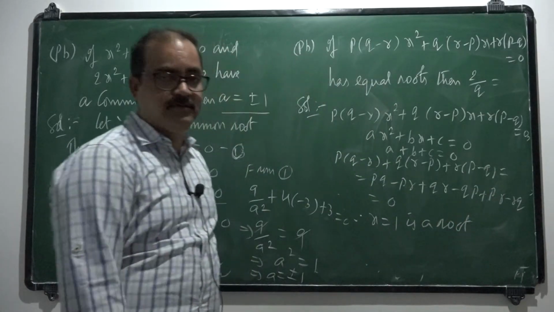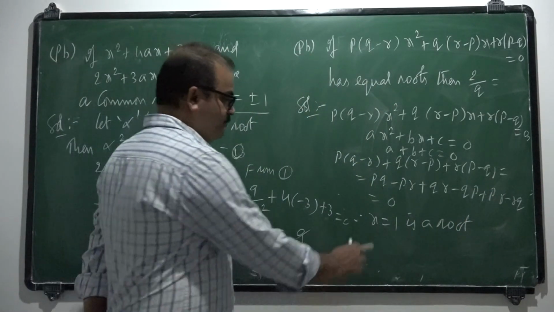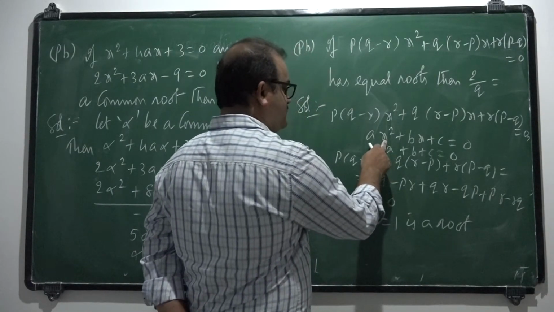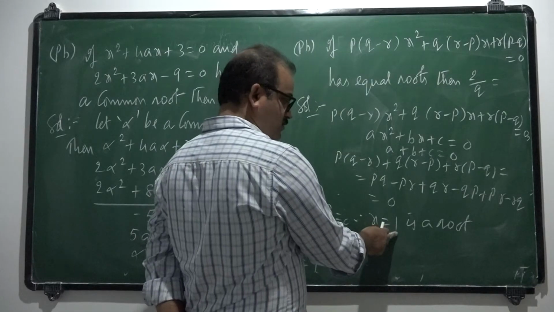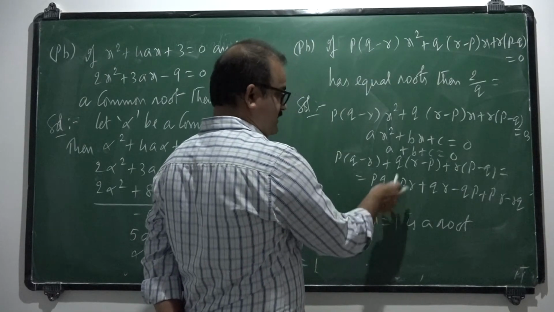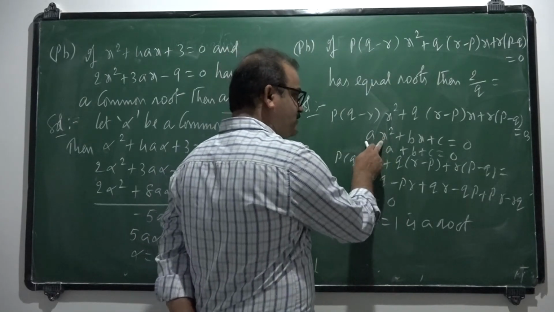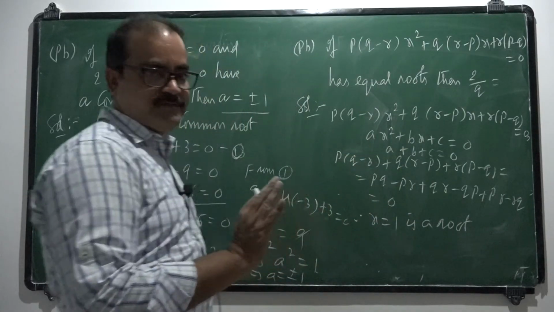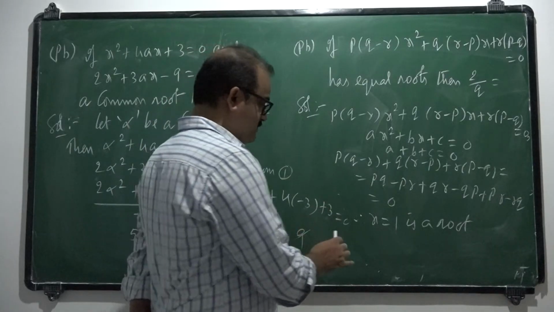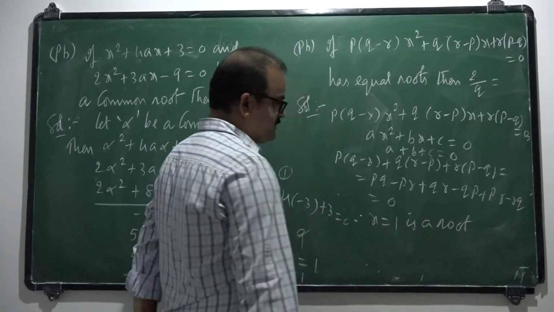Why x is equal to 1 is a root? If you put x is equal to 1, what happens? A plus b plus c is equal to 0. X is equal to 1 is a root means x is equal to 1 satisfy this equation. So, in any equation, if sum of the coefficients is 0, then x is equal to 1 is a root.